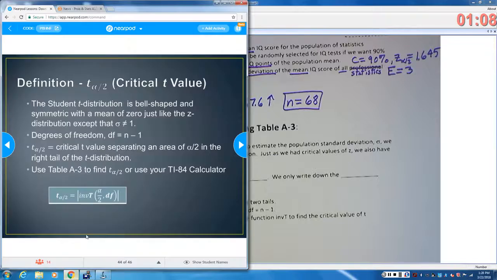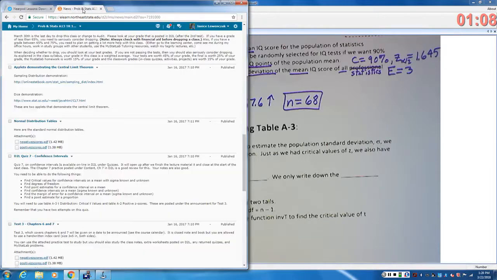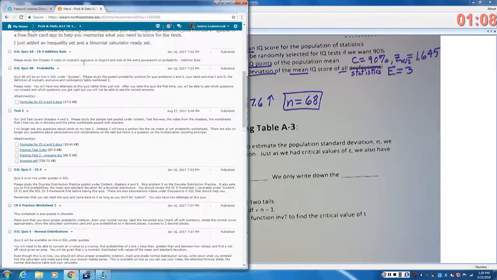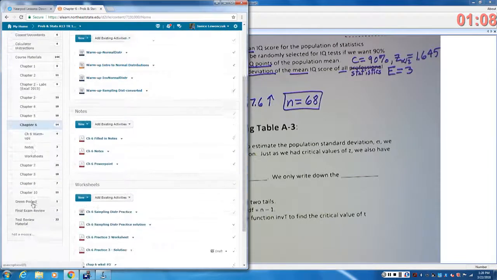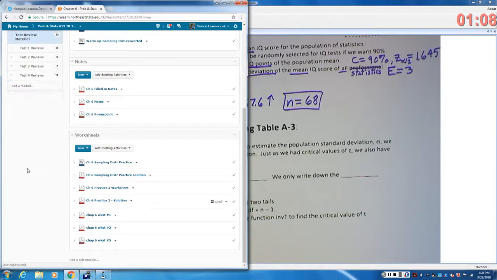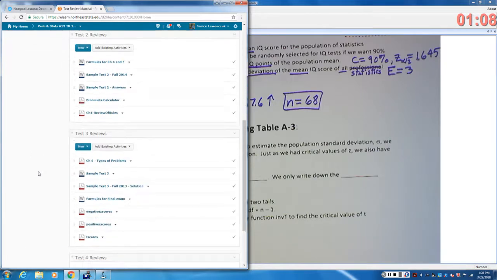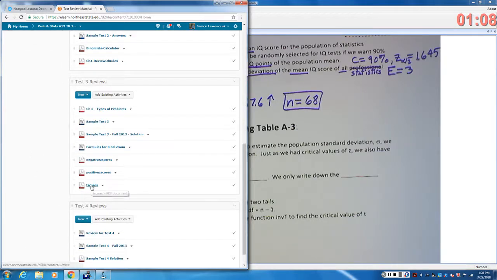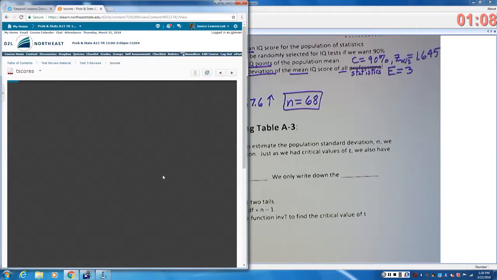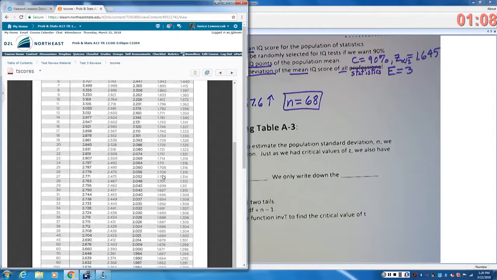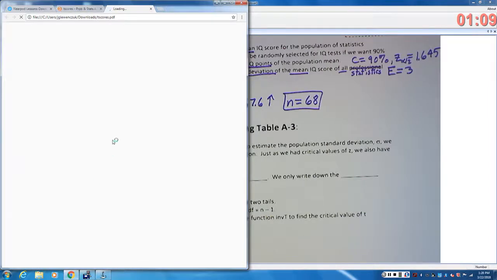So, where is it in here? It's under content, test review material, test 3, T-scores. Here's your T-scores. We hit download. And print.